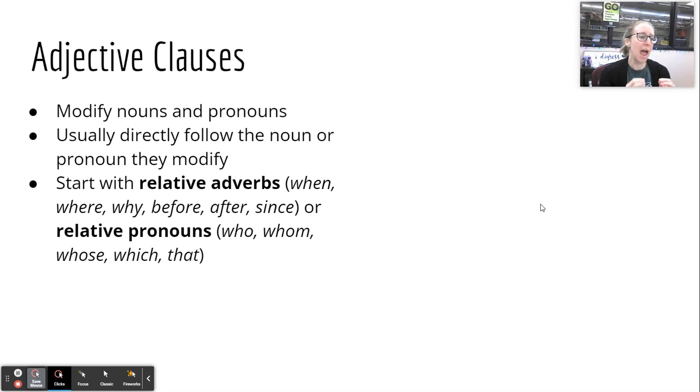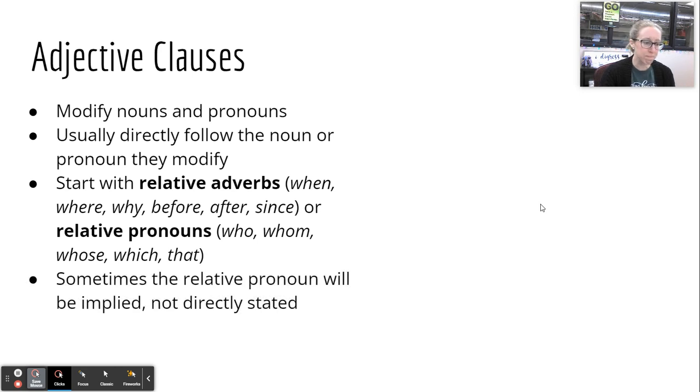And they are going to start with either relative adverbs or relative pronouns, and I have all of those relative words written there. So keep your eye out for those, because they will be starting an adjective clause. And we'll look at an example in a minute.